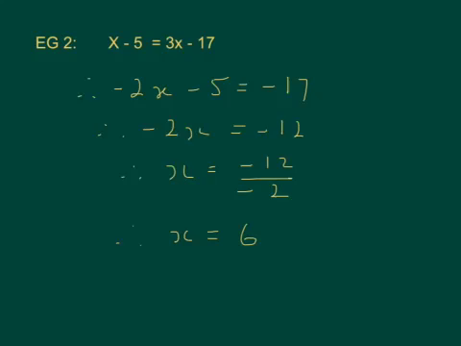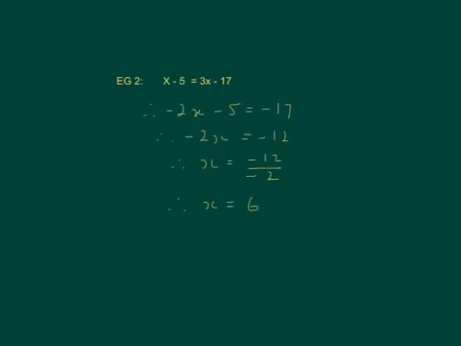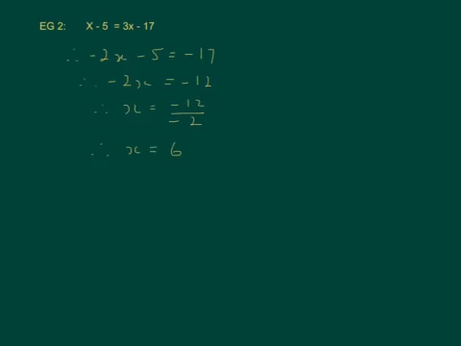Now, some of you might be attracted to doing it this way, but it doesn't really matter. Let's just put that up there for a minute, and I'll give you a second way of doing it. Now, what we can do, in fact, is, if you prefer, you can subtract x from both sides.